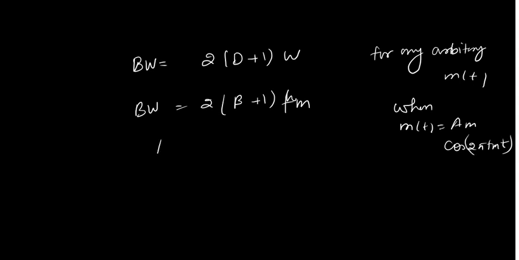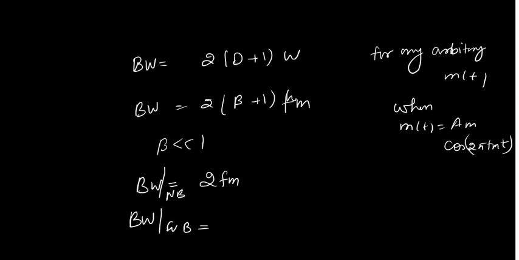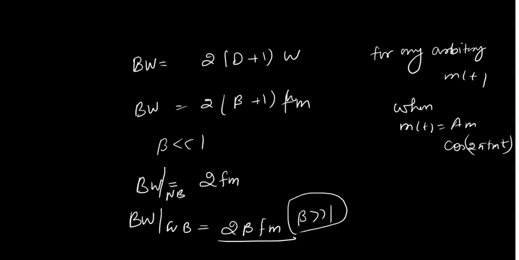So if your beta is quite low, then the bandwidth is 2 fm, and for wideband, when your beta is quite large, you can neglect 1, in that case it will be 2 beta fm, and when your beta is quite less than 1, you can neglect beta because 1 is quite large, then for narrowband it will be 2 fm.